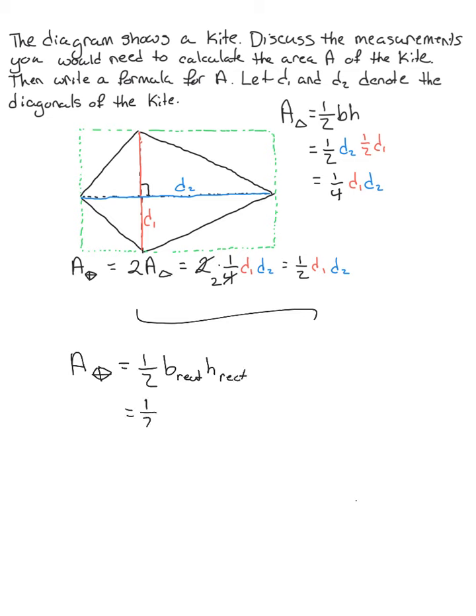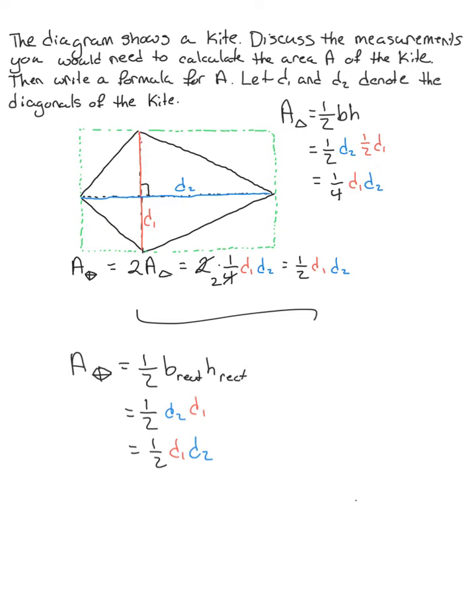And the base of the rectangle is going to be D2, the diagonal 2, times the height of the rectangle, which is D1. And after a little bit of rearranging, we get the following, which is the same formula as we got doing the first way.